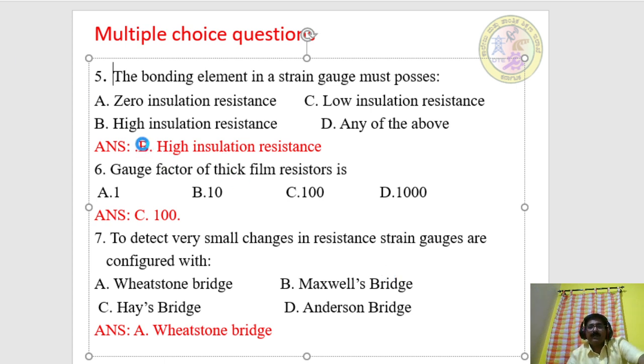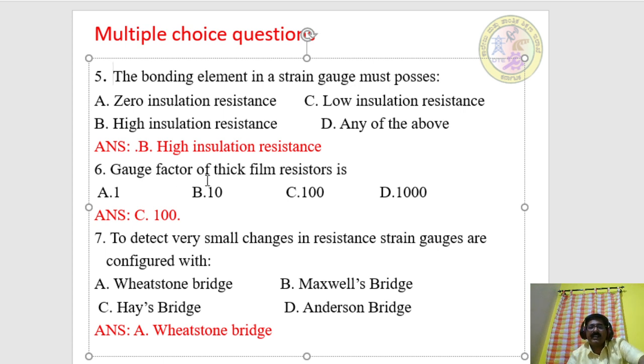See, now the options are A 0 insulation resistance, B high insulation resistance, C low insulation resistance, D any of the above. Now the answer will be high insulation resistance. See, the bonding material which has been used as an insulator, then definitely high insulation resistance it is.